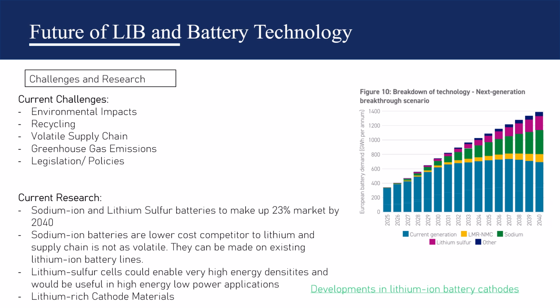Lithium sulfur cells could enable a very high energy density and would be useful in high energy, low power applications. And then there's also research being done into lithium rich cathode materials. The image on the right shows how European battery demand is expected to increase from 2025 to 2040, and the different types of chemistries that are expected to make up that demand.